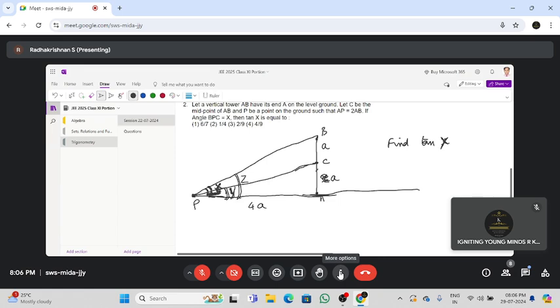What about Akshaya? Let us give some time for the other people. Yes, Ajay.